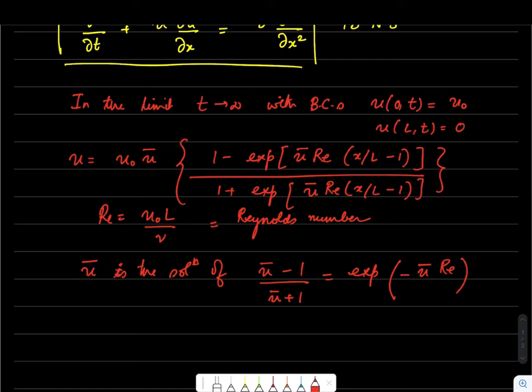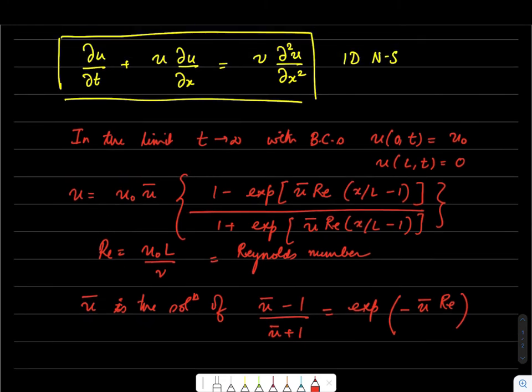So this is not very important for now, but I'm just saying for information that there is a specific solution, except that it is only applicable when this term goes to 0. We are not looking at a general solution, so this term may not always be 0, and so we are looking at numerical ways of solving this equation.